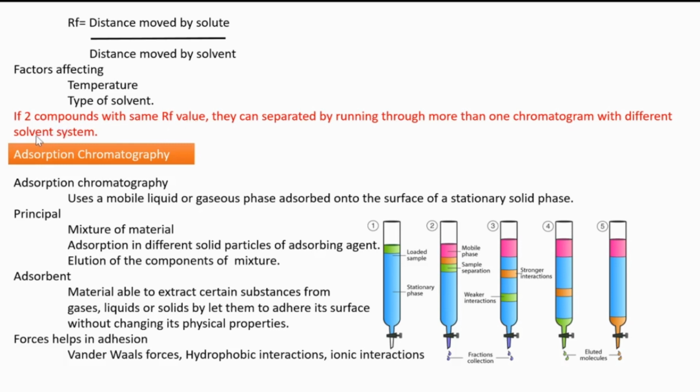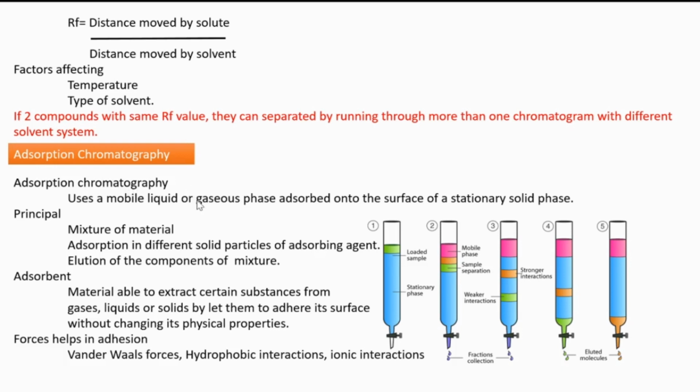By changing that solvent system, we can separate these different compounds having the same RF value. So this is only an exceptional condition, I'm just mentioning it. Then we are going to learn about adsorption chromatography, its procedure, how that process is carried out.